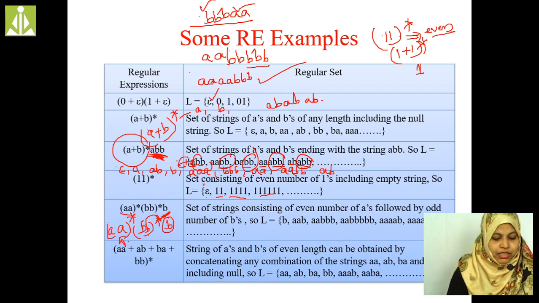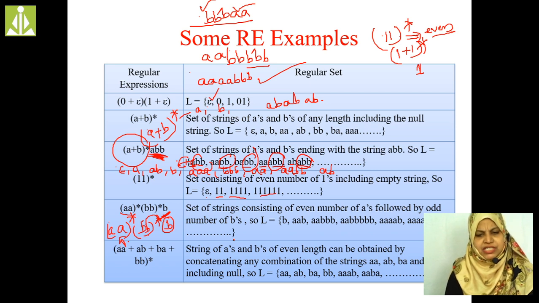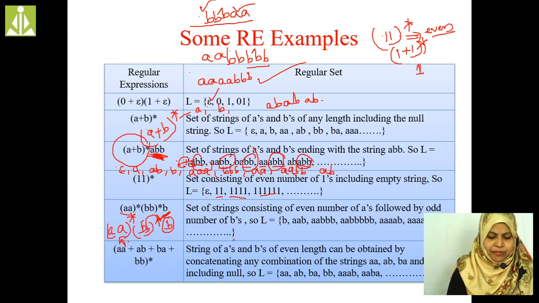Next, here (AA+AB+BA+BB)*. It means strings of A's and B's of even length can be obtained by concatenating any combination of strings, either AA or AB or BA or BB, including the null. Here AA is there, AB is there, BA is there, BB is there.